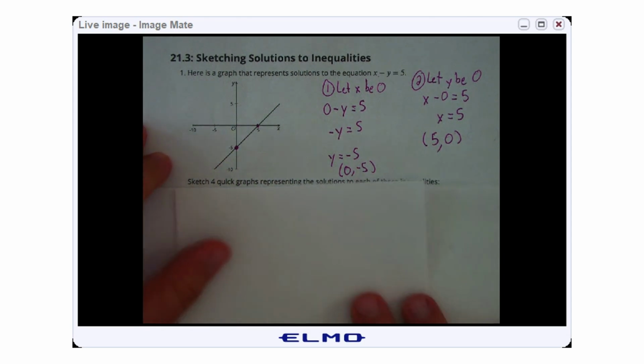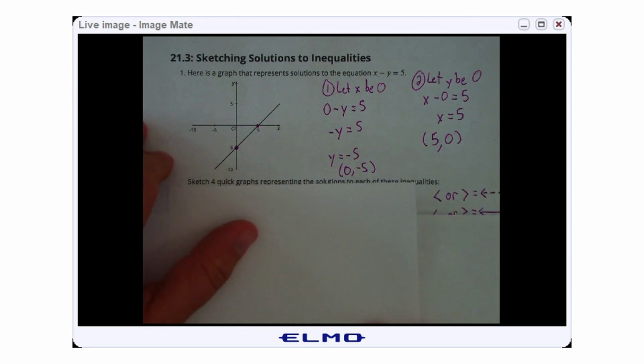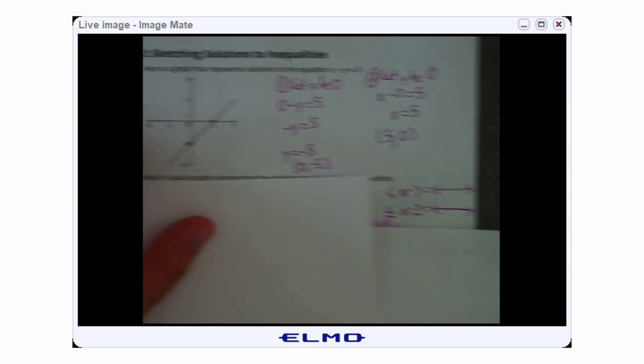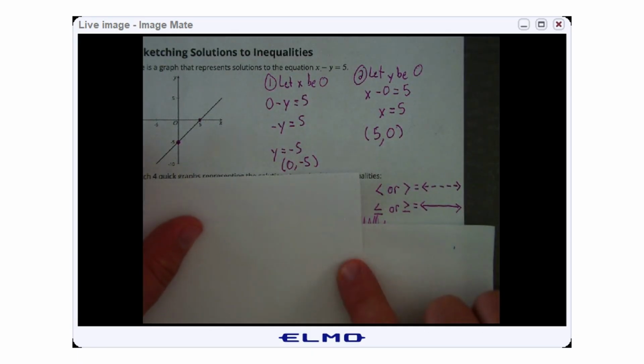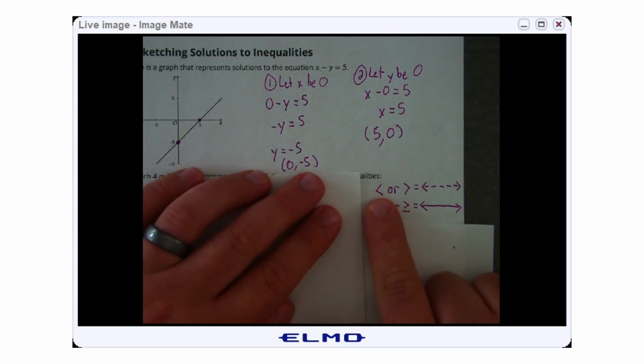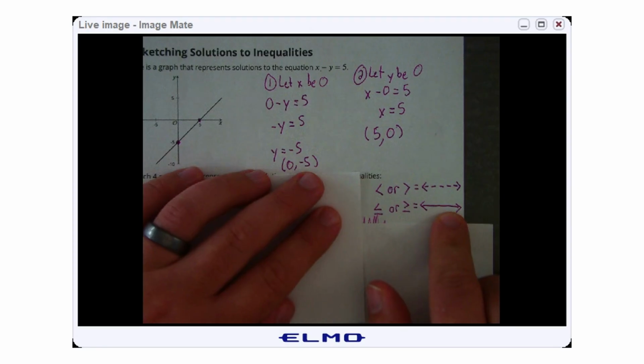Before you sketch these, I want you to write this down, because this is the big important idea. When we're graphing inequalities, if you use this sign or this sign, we're going to graph it with a dotted line. If we use this sign or this sign, we're going to graph it with a solid line.